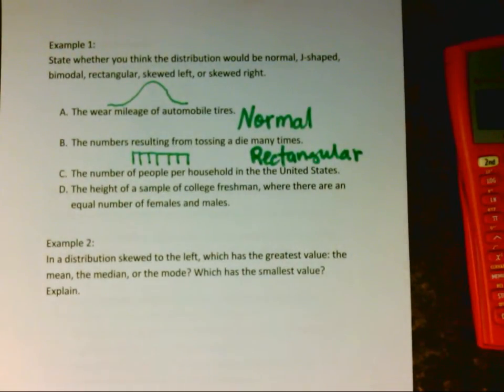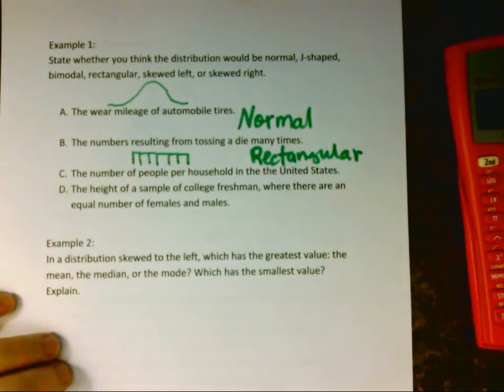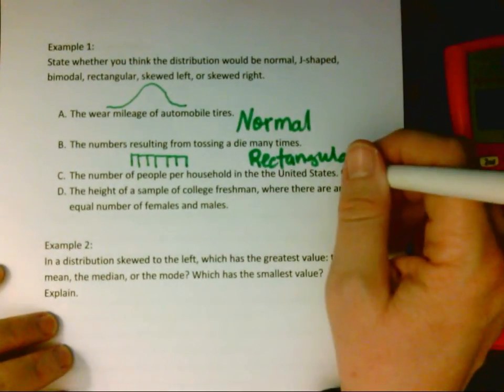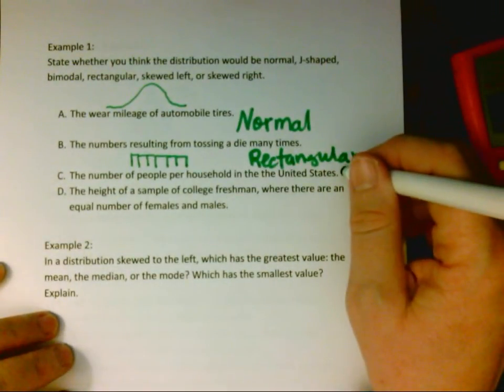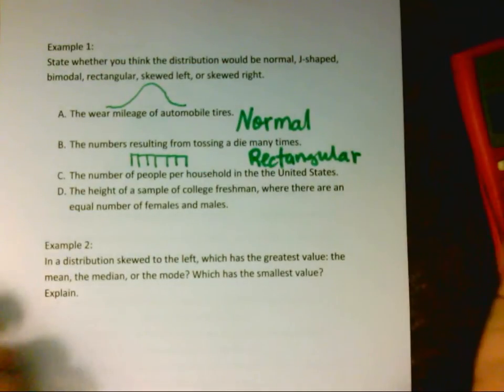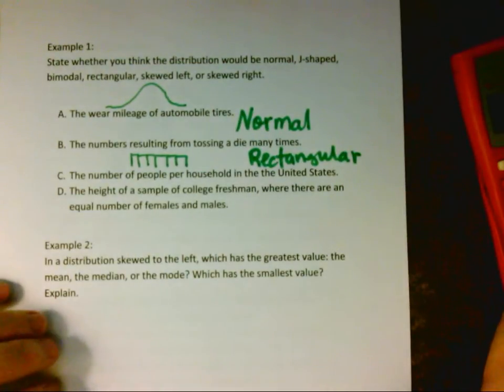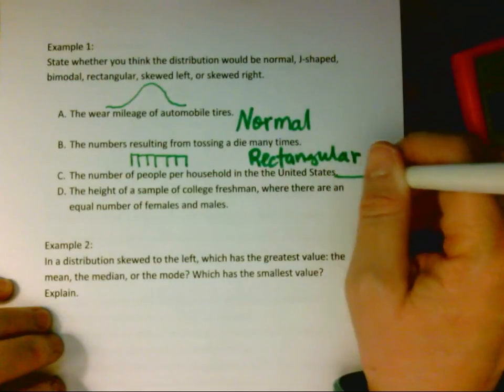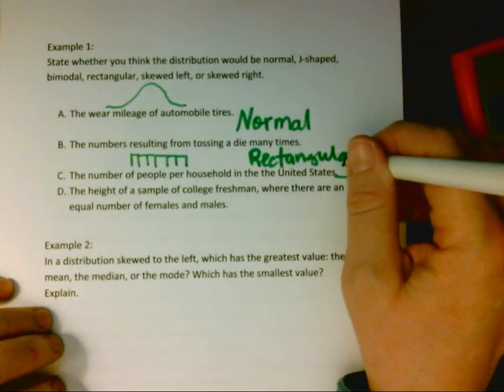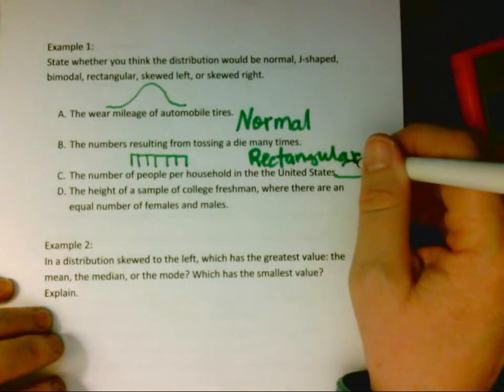Okay, part C, the number of people per household in the United States. We know that to have a household, you have to have at least one, right? So we start out with this. We're going to have a distribution that's going to peak somewhere around the average family size, and then get smaller and smaller.